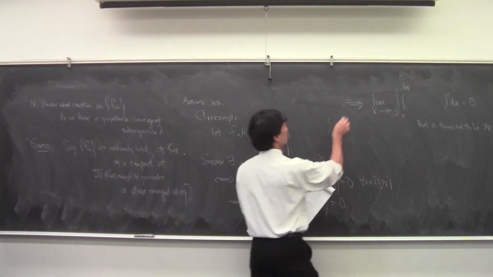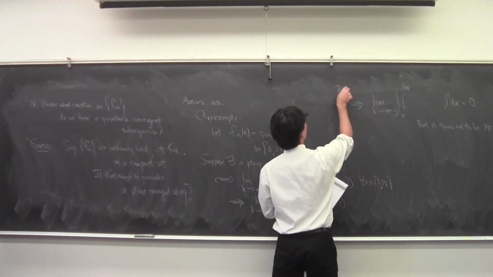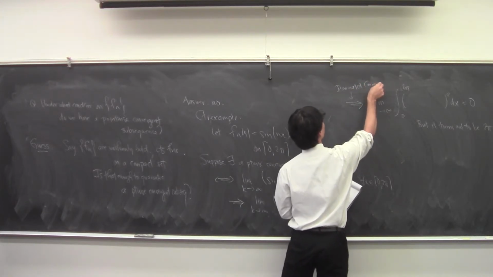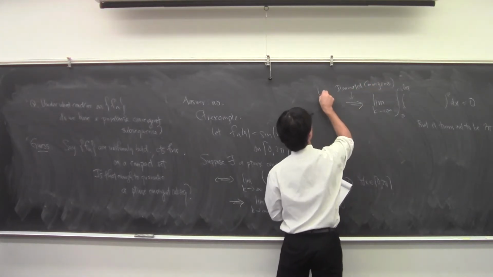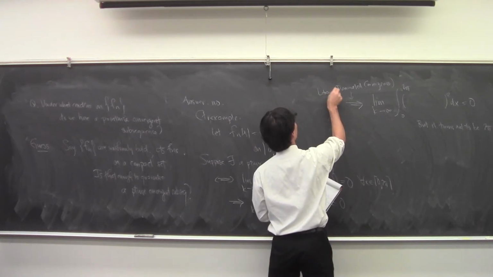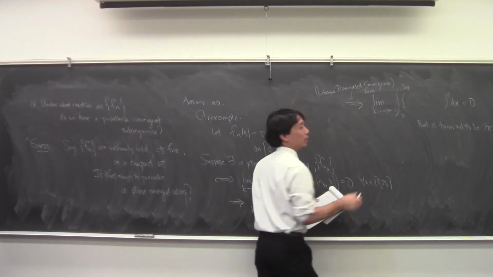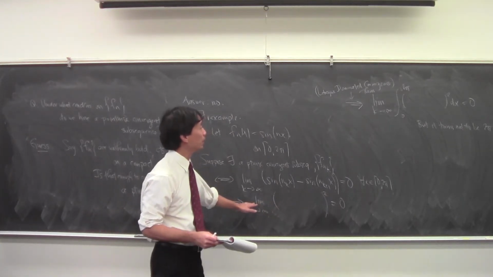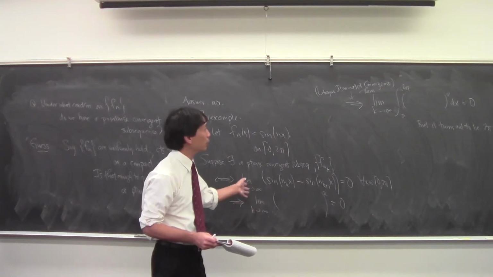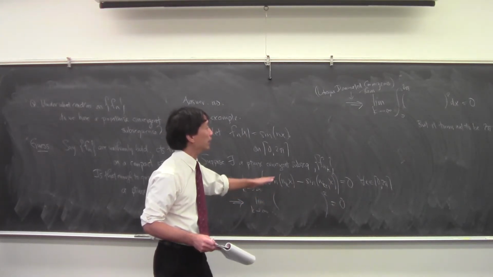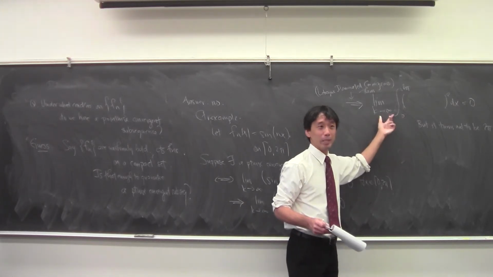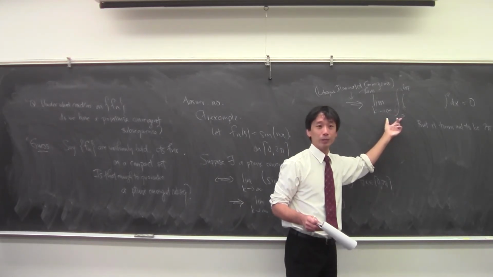This is a theorem that you learn when you take 137, the Lebesgue dominated convergence theorem. In this case it's okay to pass the integral through the limit, even though we don't have uniform convergence.